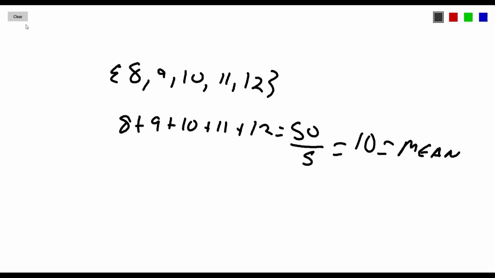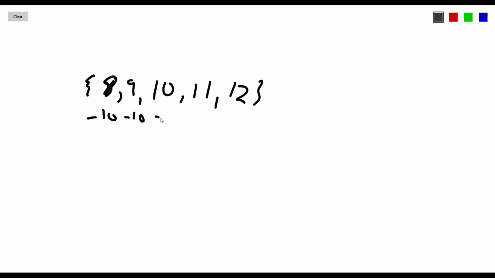All right, again, pause when needed. I'm going to go ahead and write down those numbers again. 8, 9, 10, 11, 12. And so what we do next, again, we subtract our mean from the original numbers. And again, we're taking the absolute value of these.